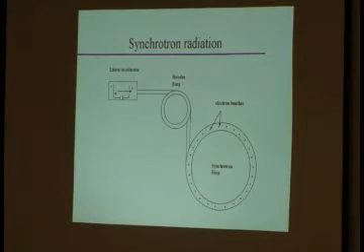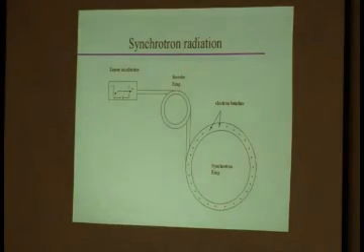You have a linear accelerator. That is basically a linear piece of equipment where electrons are accelerated by a really high voltage to really high speeds. You then feed them into something that is called a booster ring. The booster ring has only one job, and that is to accelerate these electrons even further.